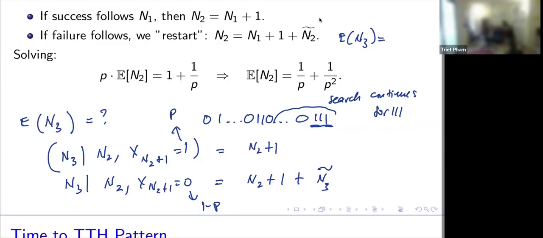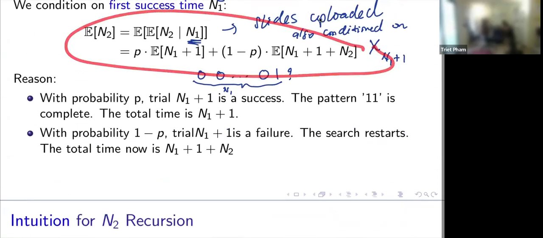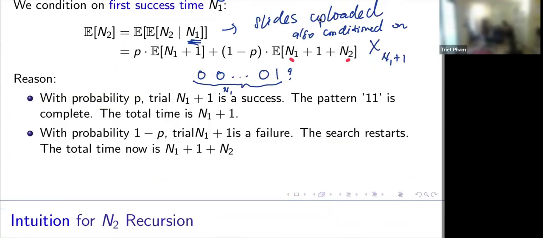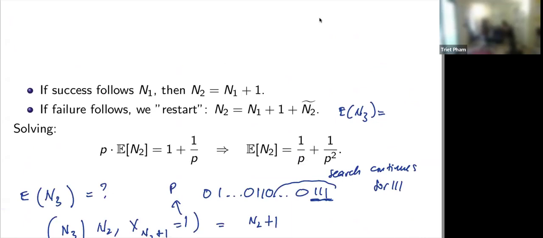You could see that the structure is exactly the same as this one, except that now you have N2, N3. So it will just reduce down to E[N3] is 1 plus 1 over P plus 1 over P squared.